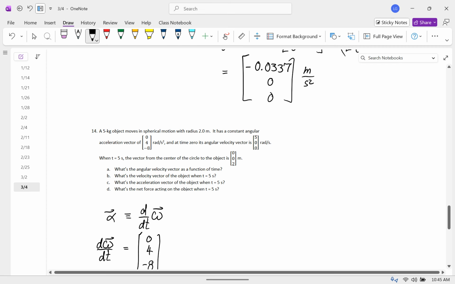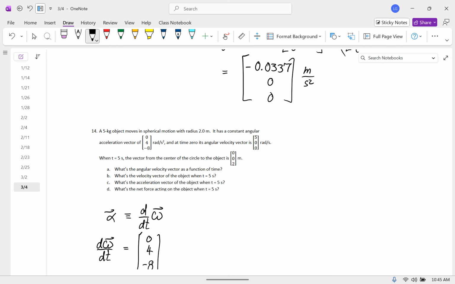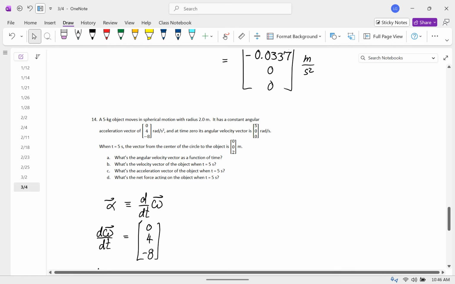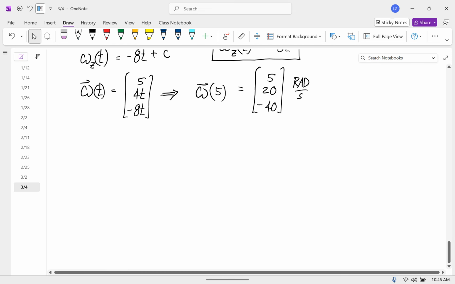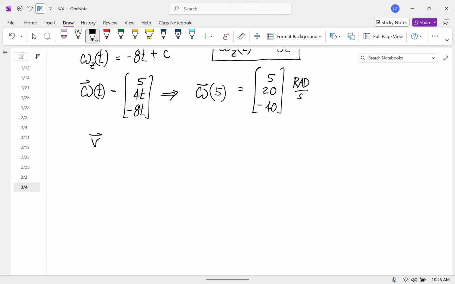And it gives us the R vector. And now we have alpha and we have omega at time equals 5. We have R at time equals 5. We have the angular velocity as a function of time. So now the velocity and the acceleration and the net force. Okay, so the velocity at time equals 5 is the omega vector crossed with the R vector.